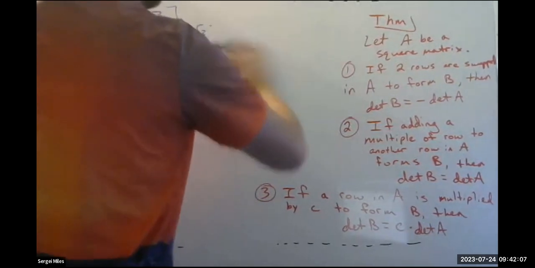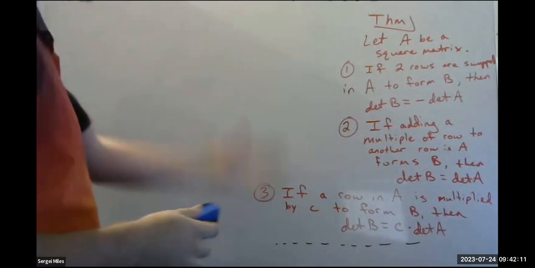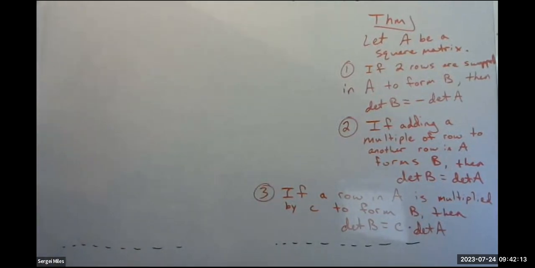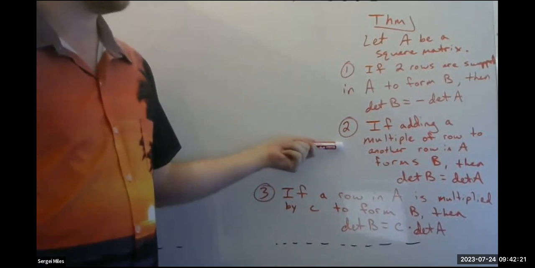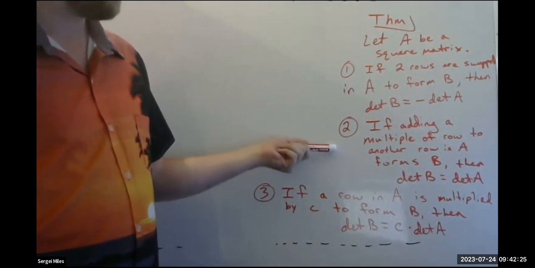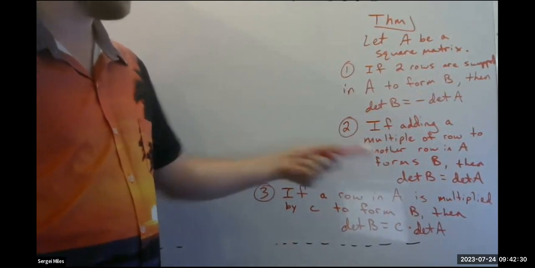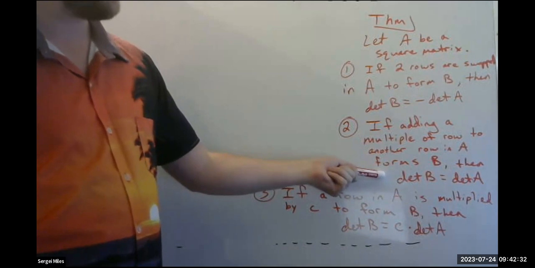We can also highlight here, though, that sometimes these rules can be a little confusing to remember. How can we avoid this kind of problem? Well, notice, so long as you only use number 2 here, so long as you only are doing these simple row operations where you're adding a multiple of a row to another row, it never changes the determinant.